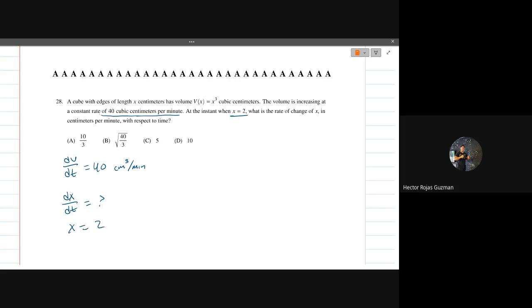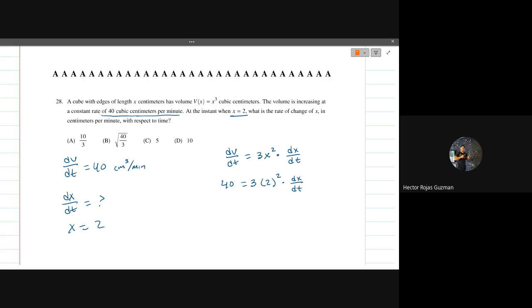All right, that's basically it. This is our related rates, right? So let's take the derivative of v. dv dt equals 3x squared times dx dt. Everything is increasing with respect to time. The rate here is 40 equals 3 times 2 squared times dx dt.